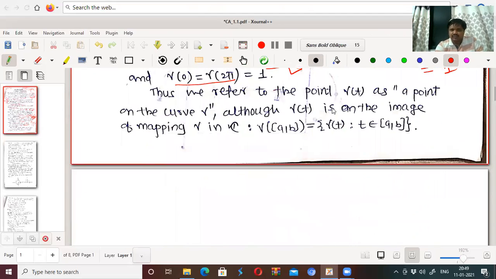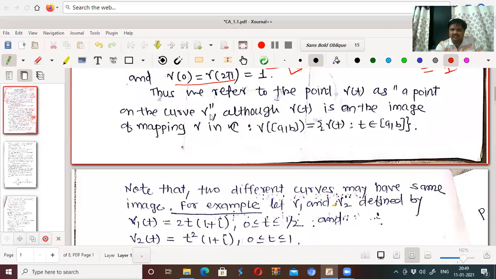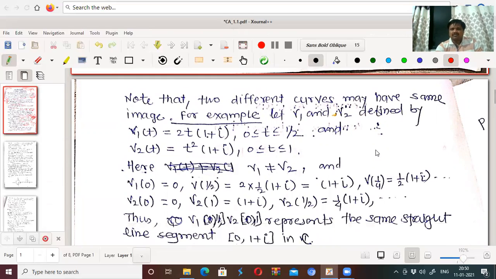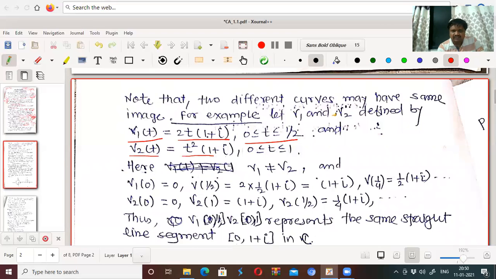Thus we refer to a point gamma of t as a point on the curve gamma, although gamma of t is an image of the mapping gamma in C. So gamma t is called an image as well as a point on the curve. Note that two different curves may have the same images. Suppose we are given gamma 1 of t equal to 2t into 1 plus i, where t lies between 0 and 1 by 2, and gamma 2 of t equal to t square into 1 plus i, where t lies between 0 and 1.